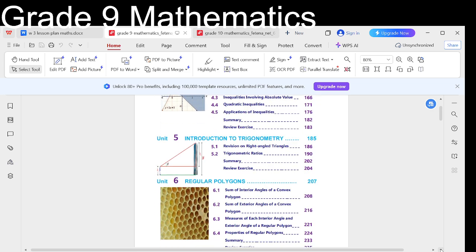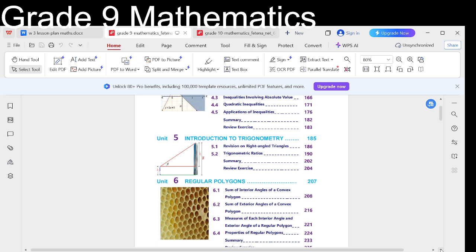And unit 5 is about introducing trigonometry. From the name we understand that it came from the Greek word, and tri stands for 3, gono stands for angle, and metri stands for measurement. Under trigonometry we basically have 3 trigonometric functions: the sine function, cosine function, and the tangent function.